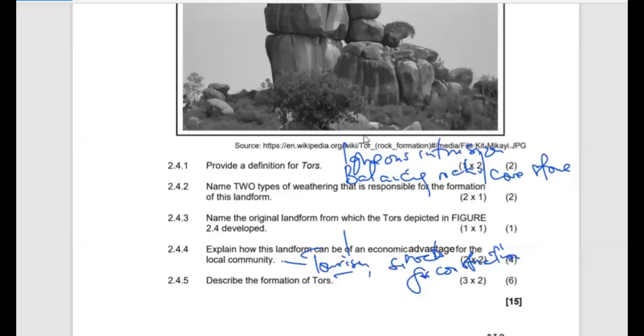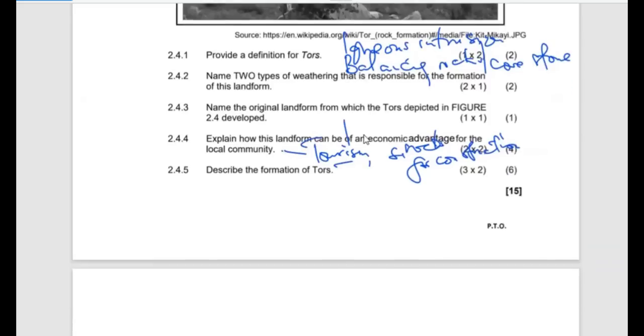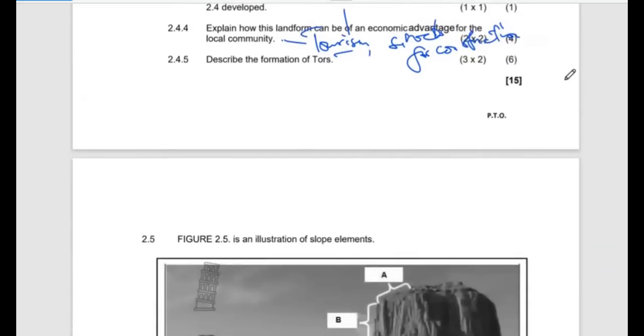Then describe the formation of tuffs. Right, when you're describing this, you're supposed to start by describing them as intrusive features. Intrusive, there is intrusion of magma there, and the magma cools. As it cools, you explain that cracks develop.